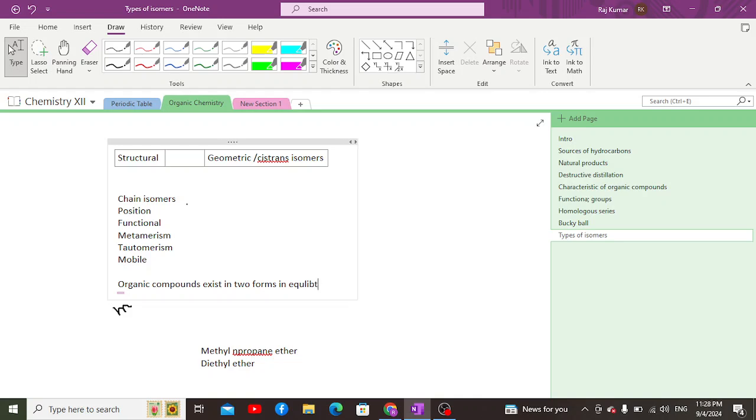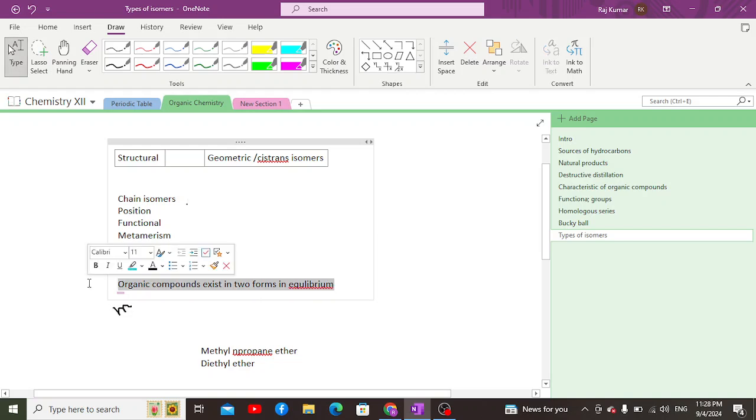The organic compound exists in two isomeric forms in equilibrium with each other, which is basically what we call tautomerization or tautomeric forms, and that phenomenon of isomerism in which the two isomeric forms exist in equilibrium with each other is known as tautomerism.